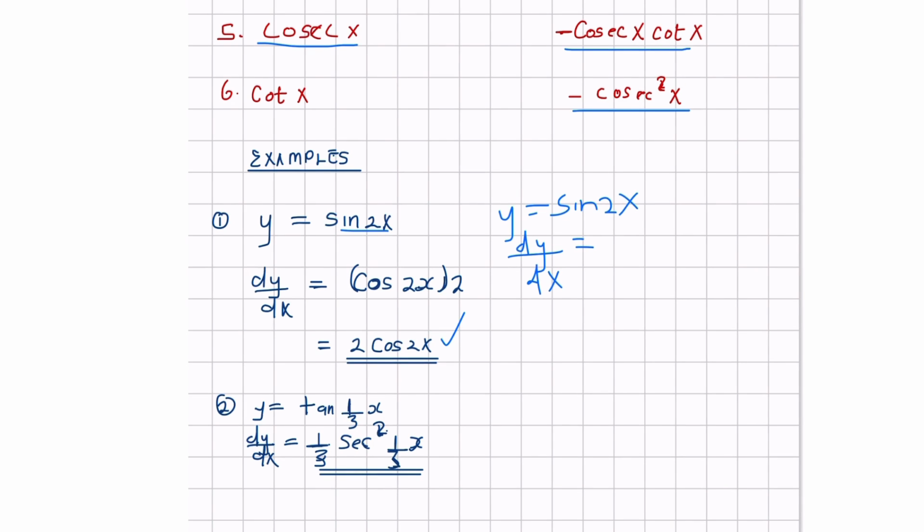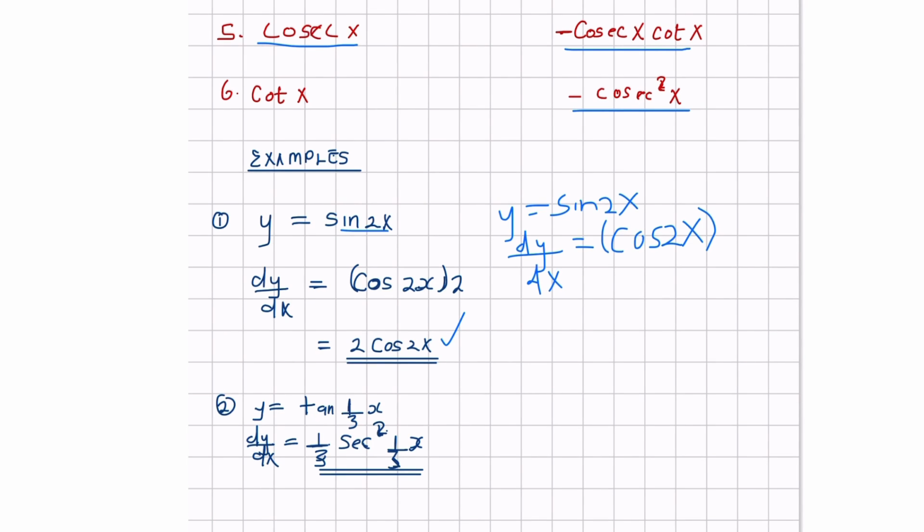How do we simplify this one? We say that the derivative of sine x equal to cos x. So it means that the derivative of sine 2x is equal to cos 2x, right?